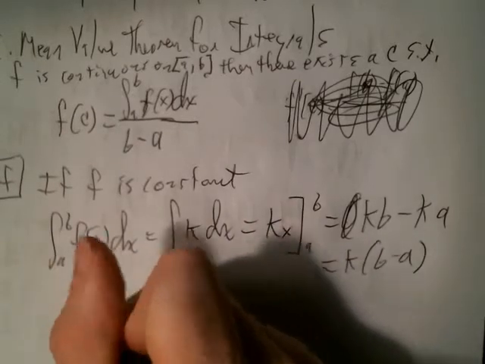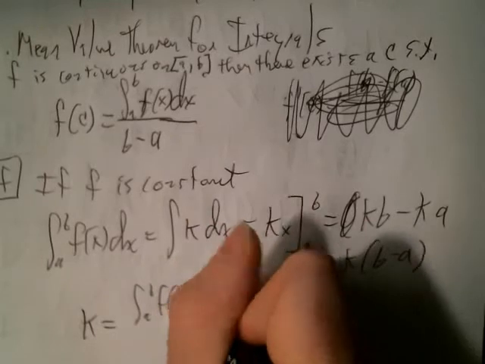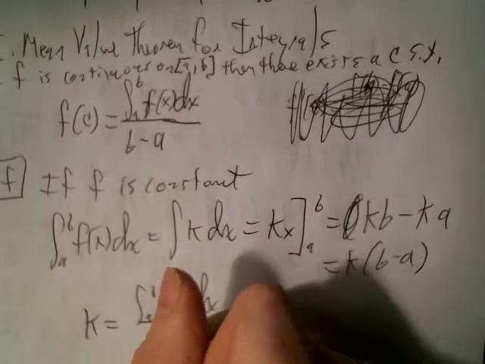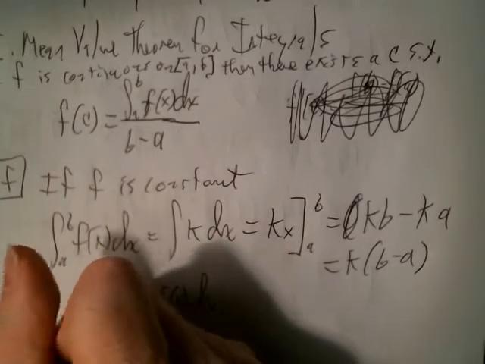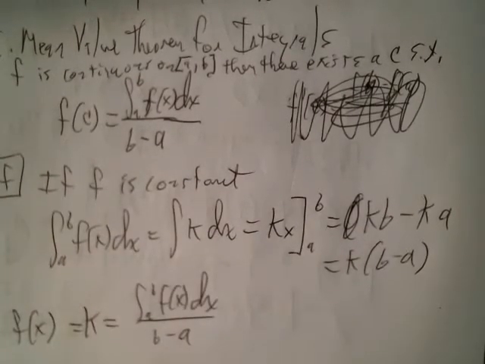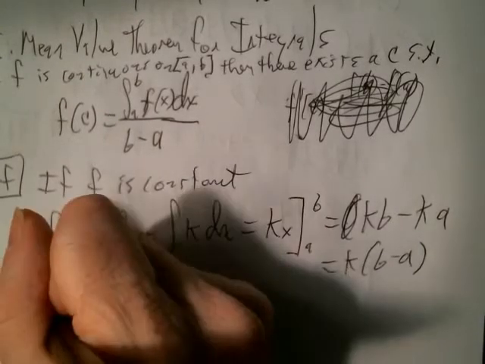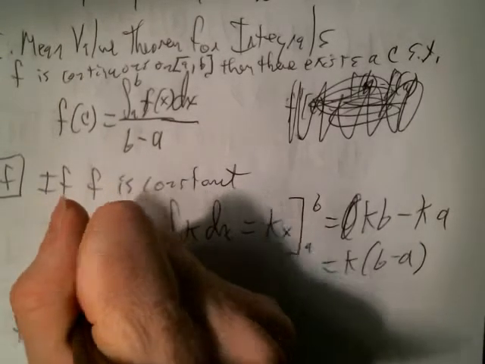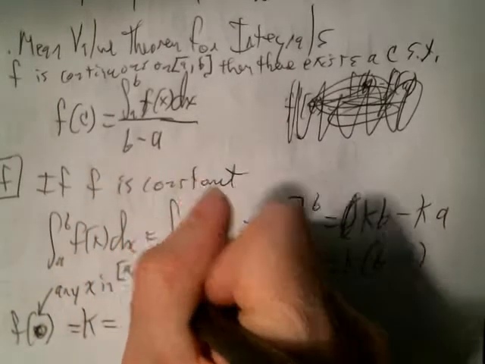In other words, k will equal the integral from a to b of f of x dx all over b minus a. And this will be true for any x in the interval from a to b.